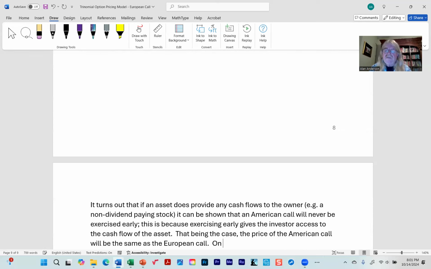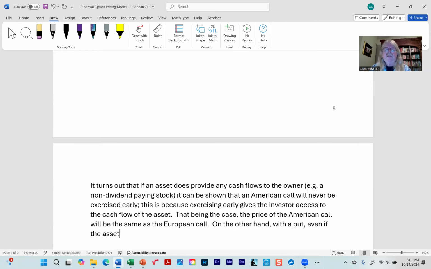On the other hand, with a put, even if the asset does not provide any cash flows, there is always a chance that early exercise makes sense.